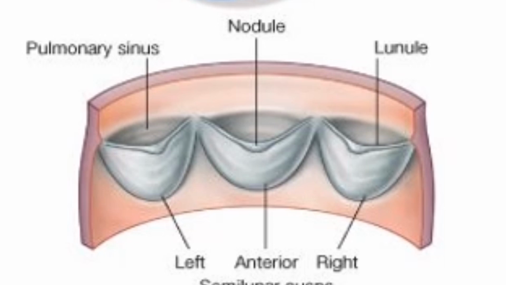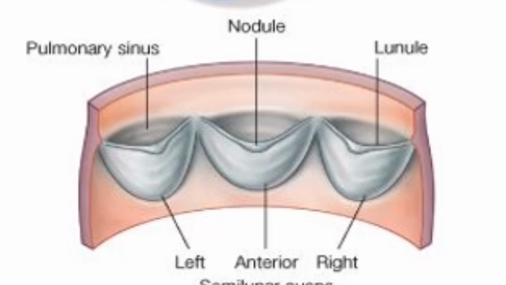In the middle part of this free upper edge, we see this thickened part. This thickened part is what we call the nodule, and then at each side of this nodule, we see other parts that we call the lunule. So we have the nodule at the midpoint, and then the lunule at the sides.